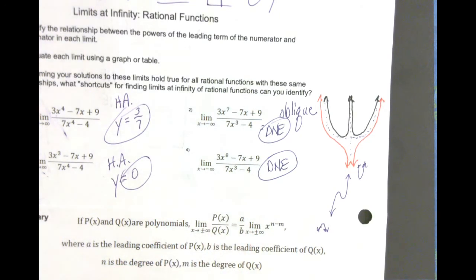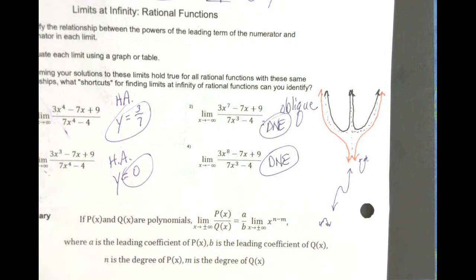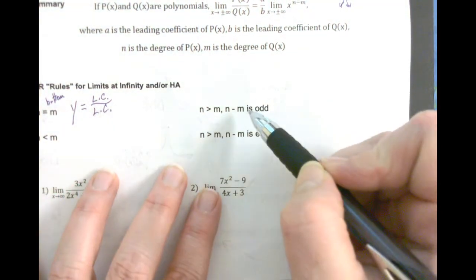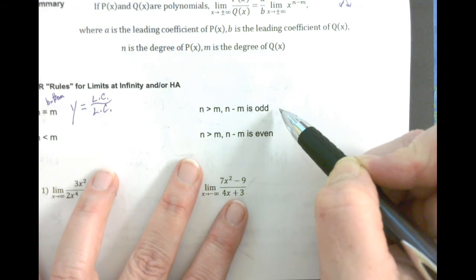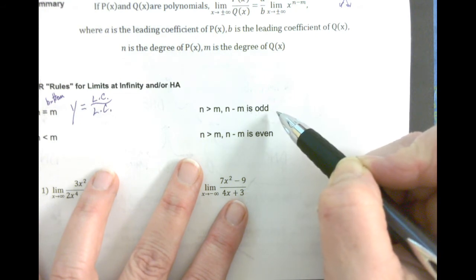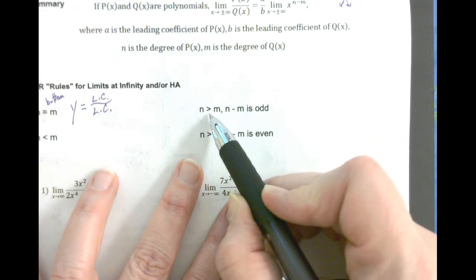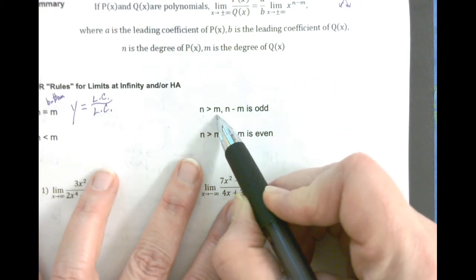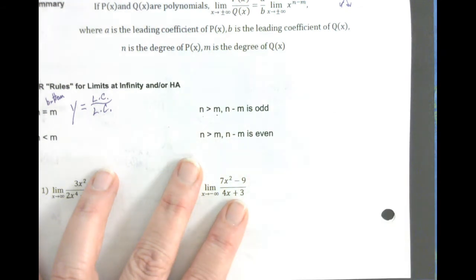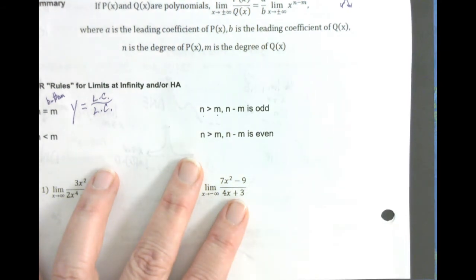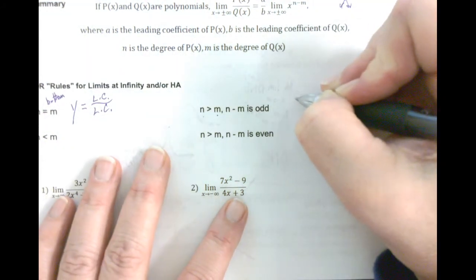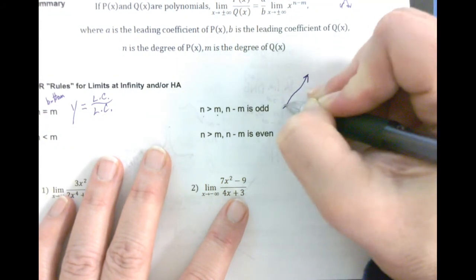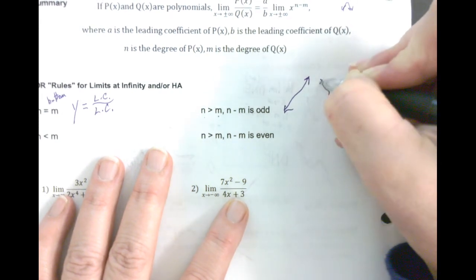So if the top is bigger than the bottom, then it's never going to exist, or infinity. If the top is bigger than the bottom, and the difference between those is an odd number, then I'm going to have either this situation or this situation in general.